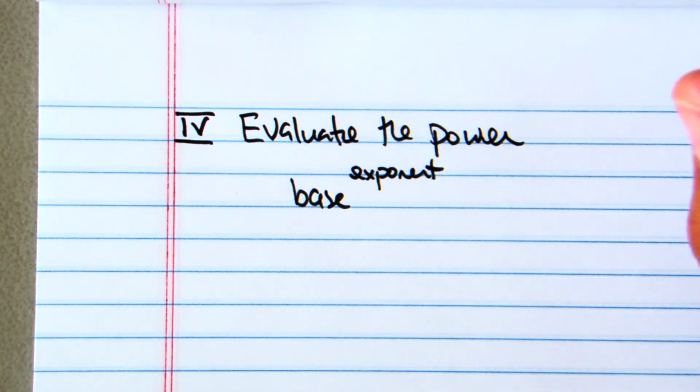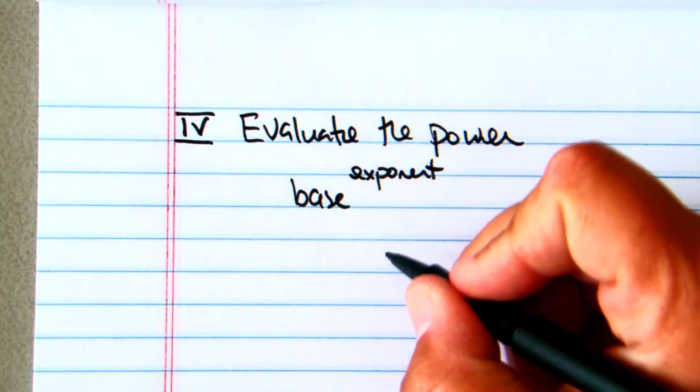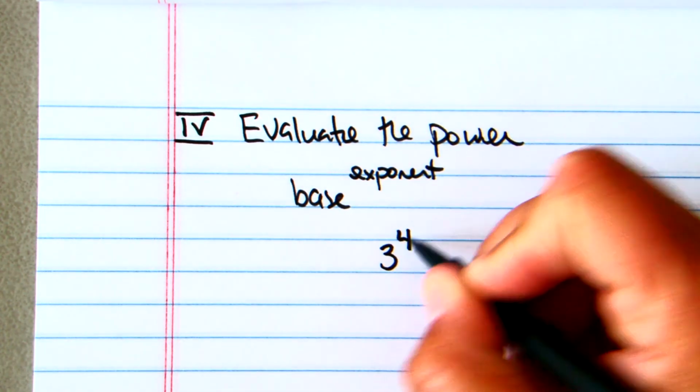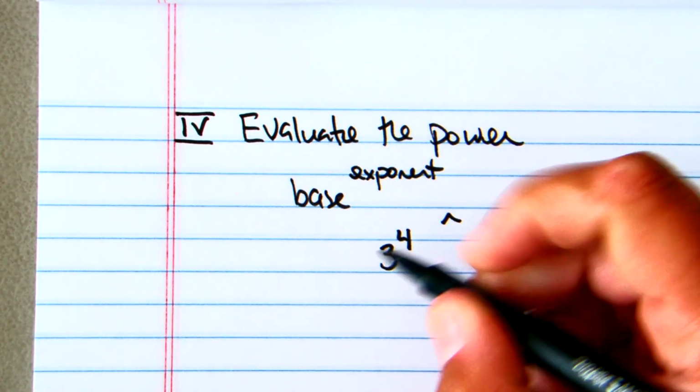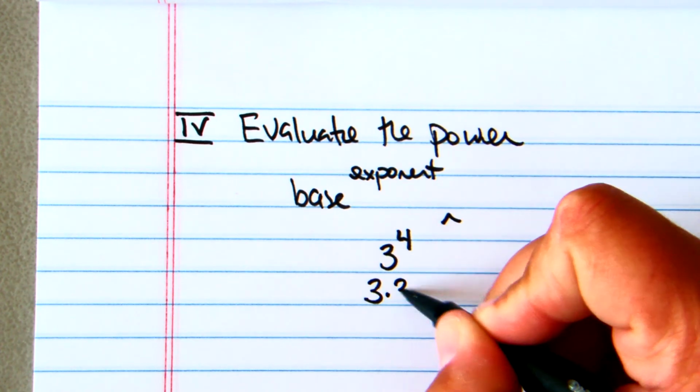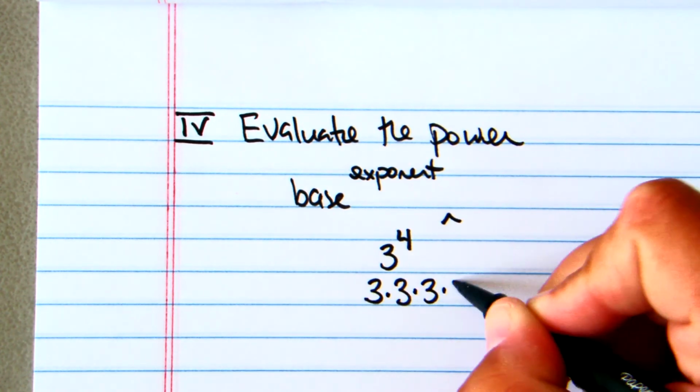So in a problem such as 3 to the 4th power, we can enter that in our calculator by saying 3, push the caret button, and then push 4 and let it evaluate. It's just simply saying, hey, multiply 3 times itself 4 times.